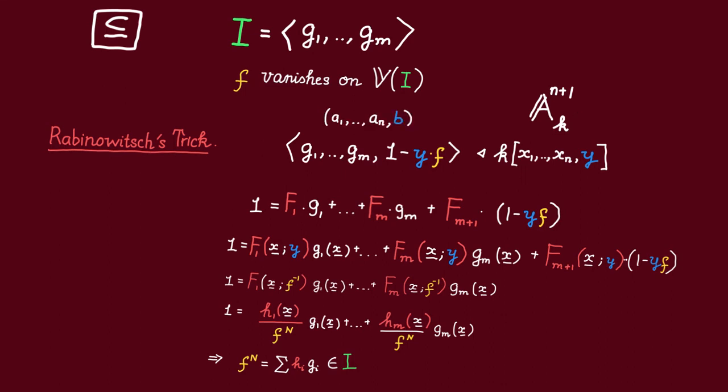That is because any element that is a common zero of this must first of all be a common zero of the gi's, and therefore it's also a zero of f. If so, then it cannot be a zero of 1 minus yf. So this ideal does not have any zero, and thus by the weak Nullstellensatz, this cannot be a proper ideal.